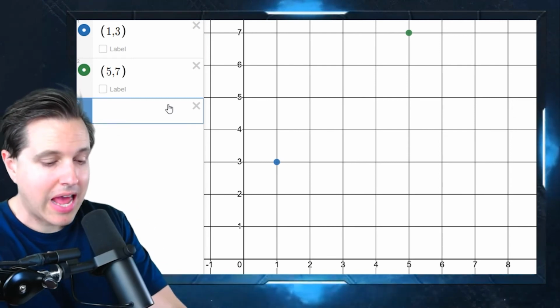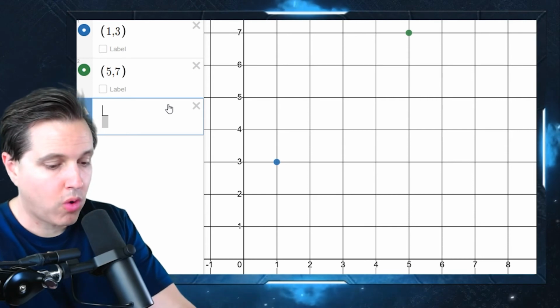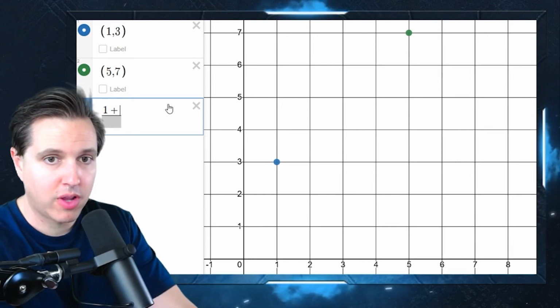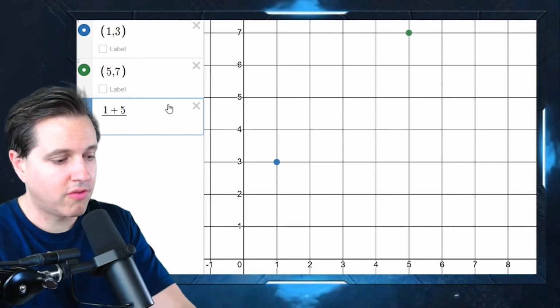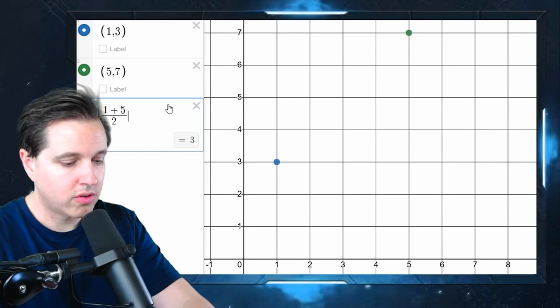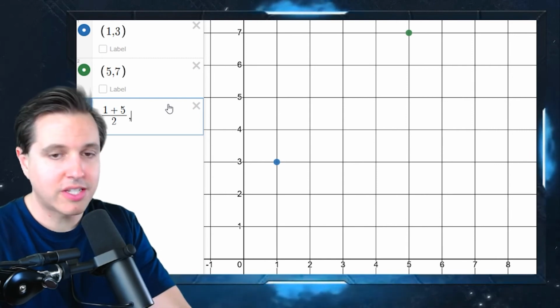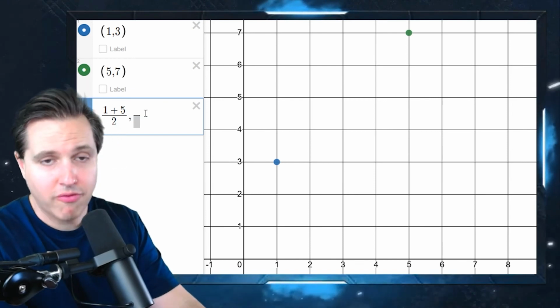All right, so we want to add our 2 x values together. So we have a 1 x value from the first point and a 5 x value from the second point, and then we're going to divide those by 2, and then we've got a comma. Now we're going to do the same thing to the y values. So we're going to take the y values and average those.